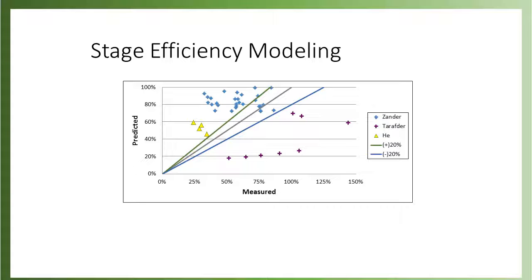You can see that one could say, like all over the place. And these lines are plus and minus 20%. But what this told us is we still have work to do. So if we really want to look at applying this or even evaluating it, we need to do more research.